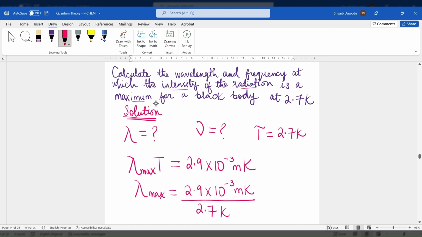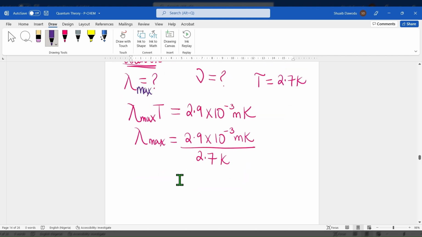I also want to mention that they ask you to calculate the wavelength and frequency at which the intensity of radiation is at the maximum. So even though they just say wavelength, they're actually asking you to solve for the maximum wavelength. So we can write maximum wavelength here. Wavelength and maximum wavelength in this particular question are basically the same thing.